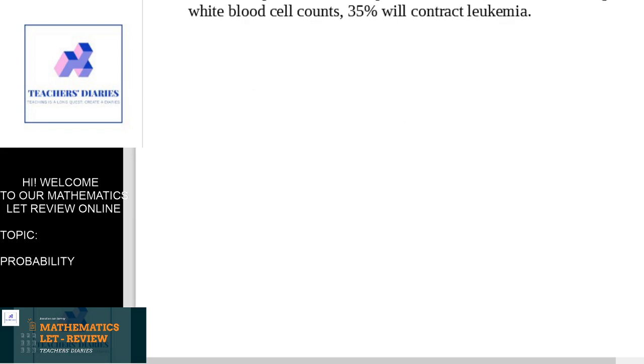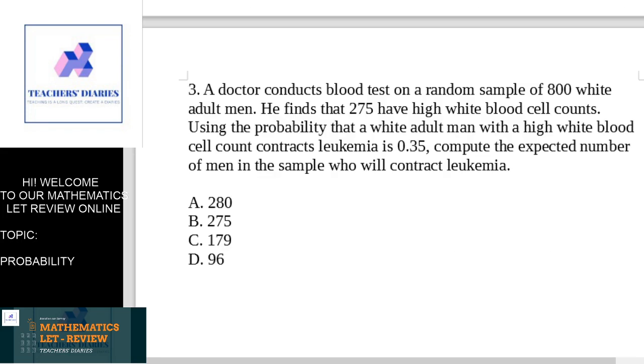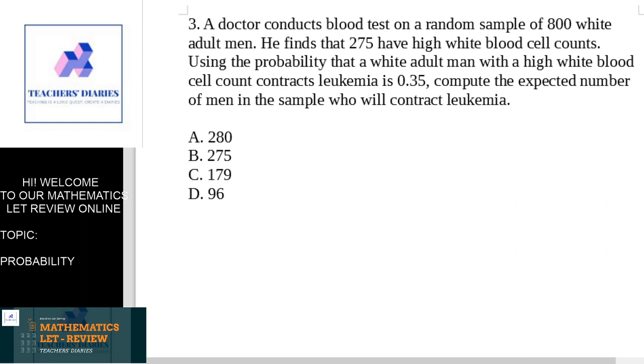Okay, let's proceed to number 3. A doctor conducts blood tests on a random sample of 800 white adult men. He finds that 275 have high white blood cell counts.